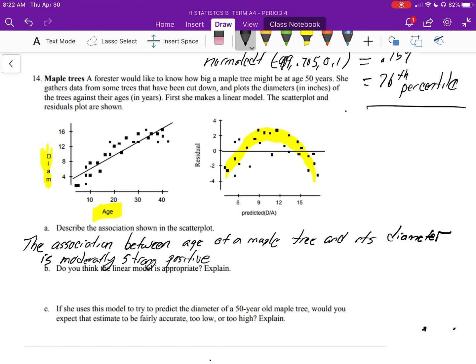And don't be confused by this. This shows a line, but the data really, when we look at it, is curved. All right, so we would say strong positive and we would say curved.